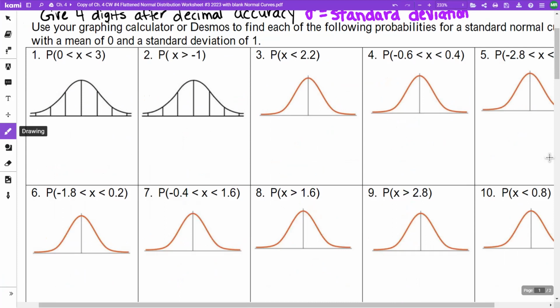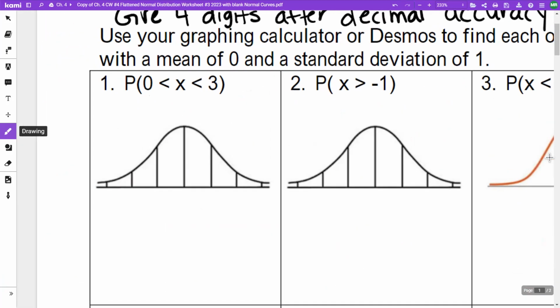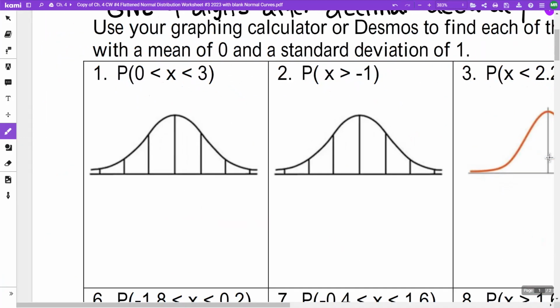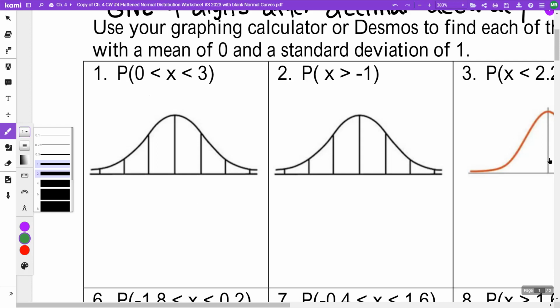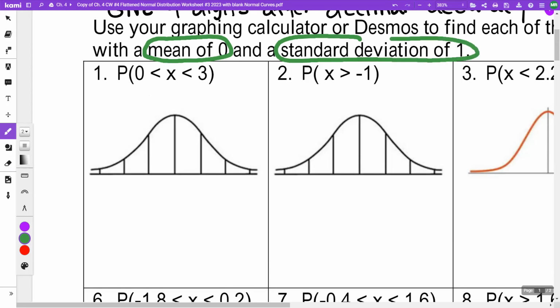For the first one, we want the probability of something on a standard normal curve, which has a mean of 0 and a standard deviation of 1, being from 0, the mean, to 3 in terms of standard deviation.